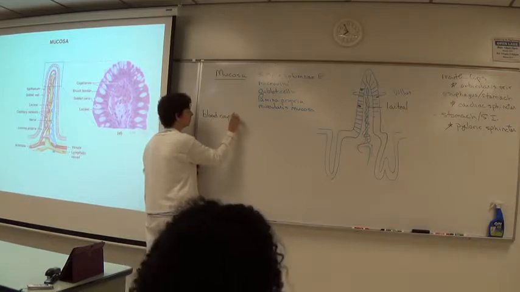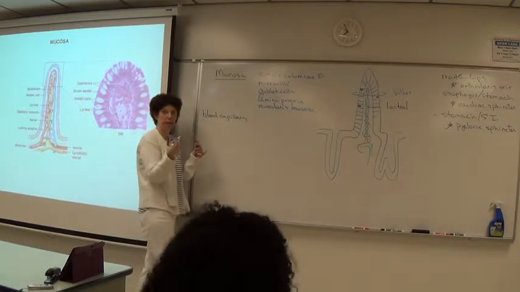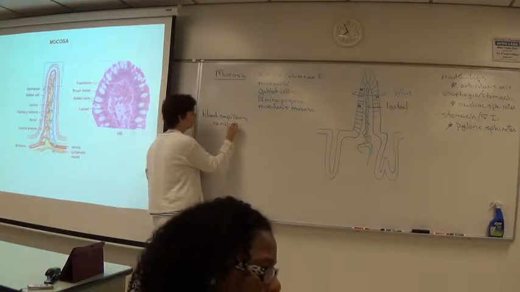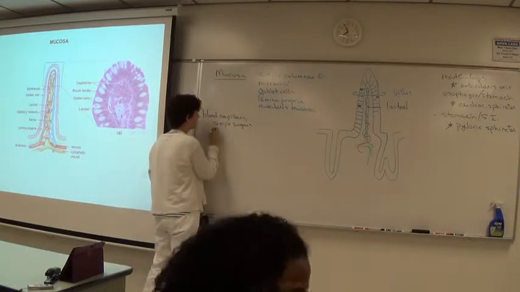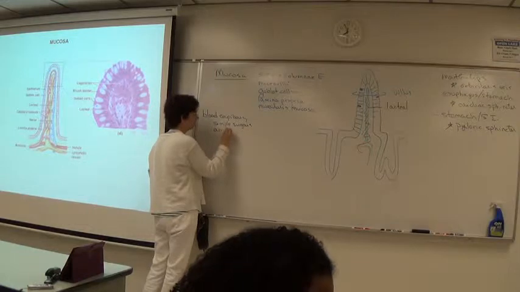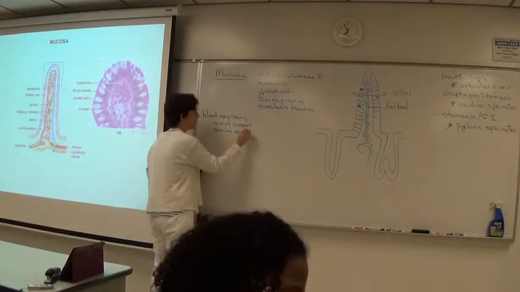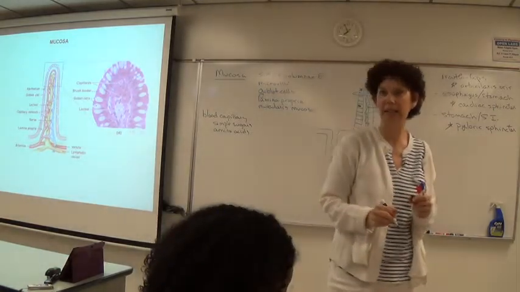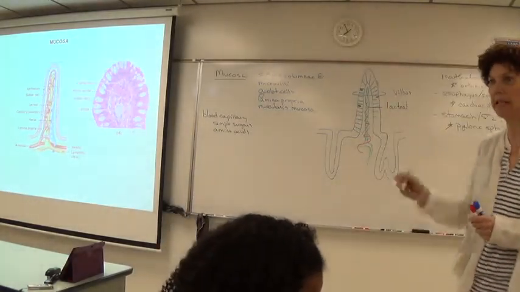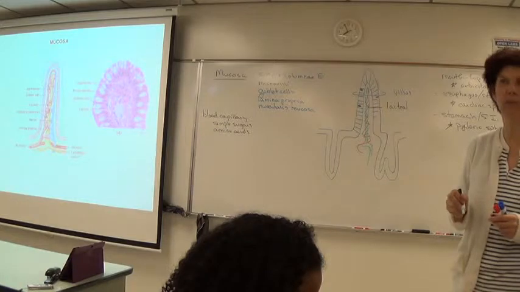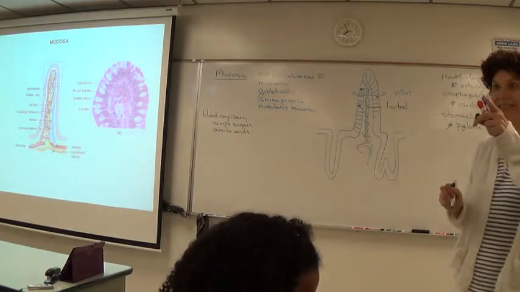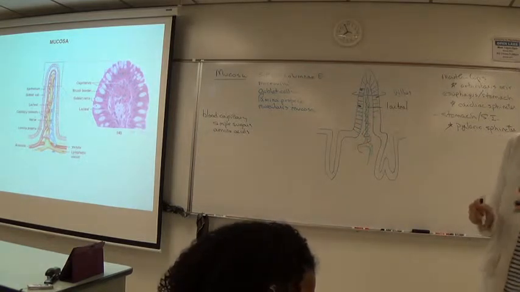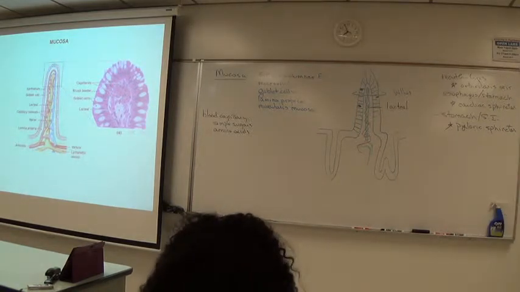Amino acids, glucose. Okay, so simple sugars and single amino acids. And those are going to go into our venous system, the superior mesenteric vein. And what vein does that drain into? Portal vein. So all of these nutrients are getting into the liver via the portal vein.